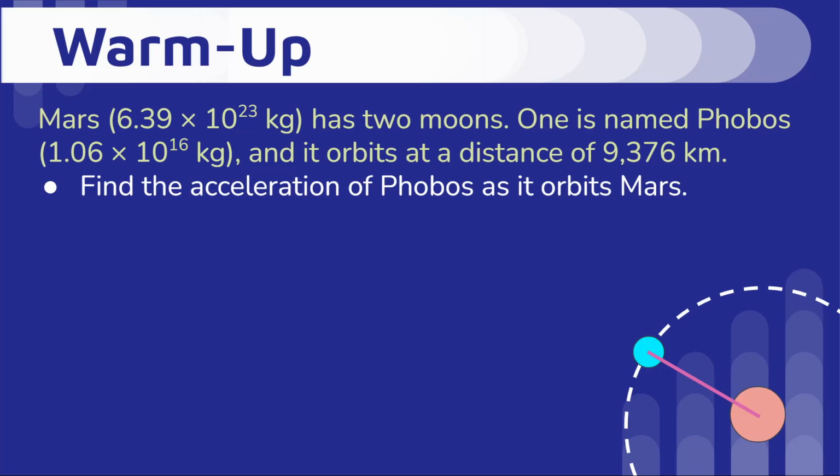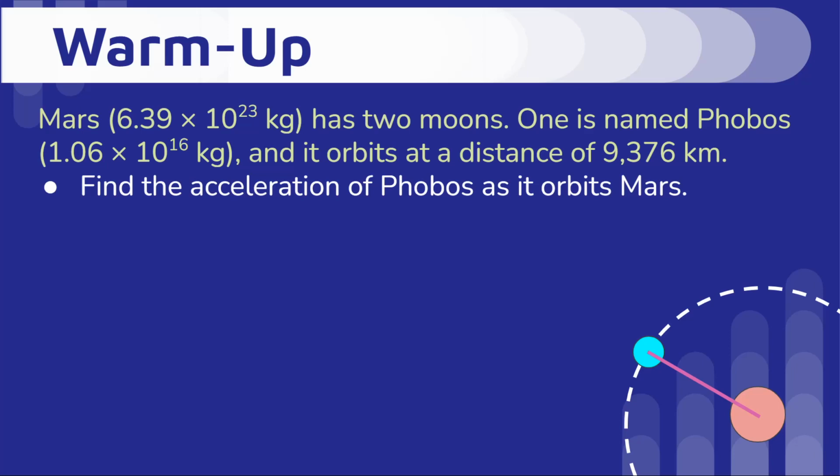And so I'm able to look at the information I have, because I don't have information to solve my problem using my circular motion calculations. I don't have the tangential velocity, for example. I don't have the centripetal force. I can't just solve for the acceleration with those equations on my board.